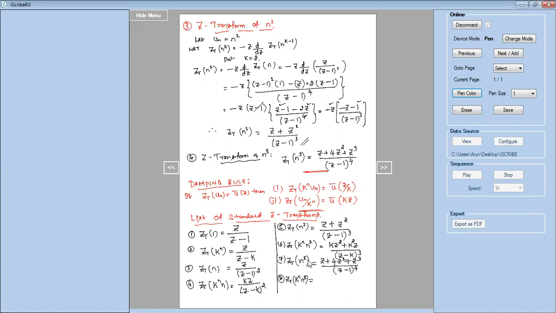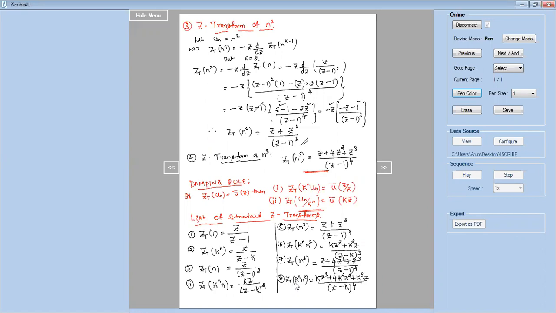For this, the formula is: you just rewrite this in reverse order, z cube plus 4z square plus z, and you write k in increasing order. So it is kz cube plus 4k square z square plus k cube z, divided by z minus k whole power 4.